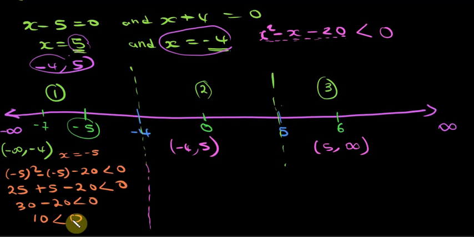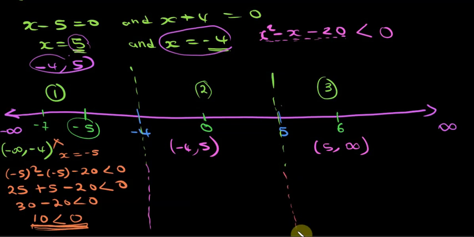We see that this first region does not satisfy the condition, because 10 is not less than 0. So this region doesn't pass.